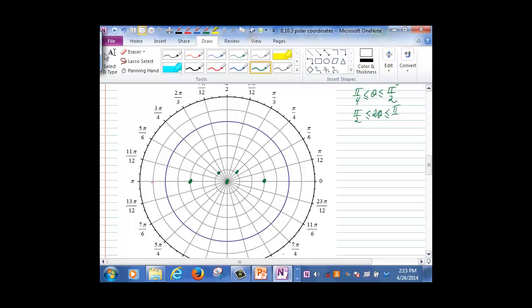Okay, at 5 pi over 4, what's that? 1.7. This is where 1 is. 1, 2, 3. This is where 2 is, right? So 1.5 is right up about here.